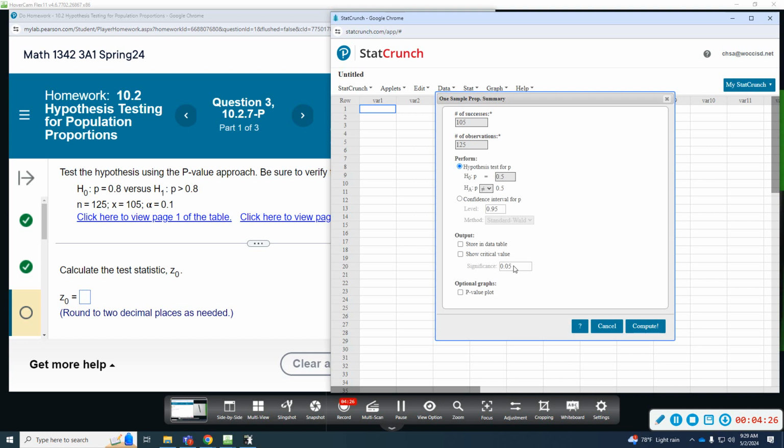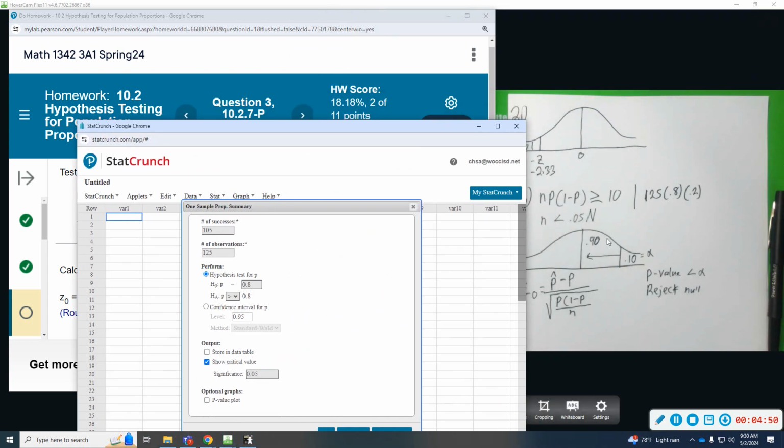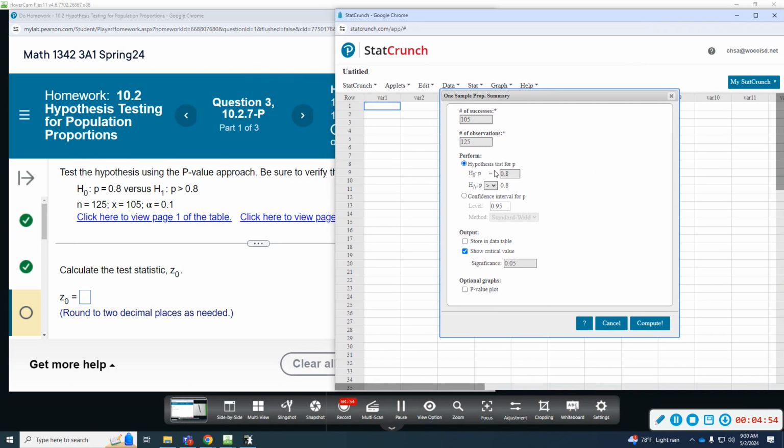So my level of significance, well, I need to figure out, let me do the test first. So we are testing 0.8 here, and we want greater than, so I'm going to change this to greater than. Since alpha is 10%, in my drawing I said the other part is 90%, and that's our level of significance.